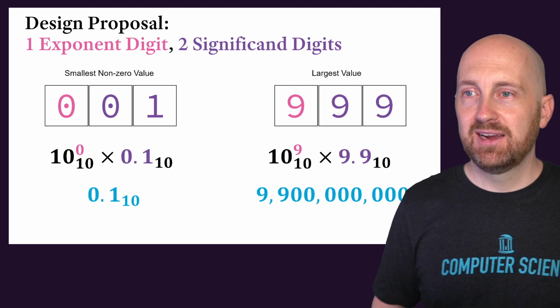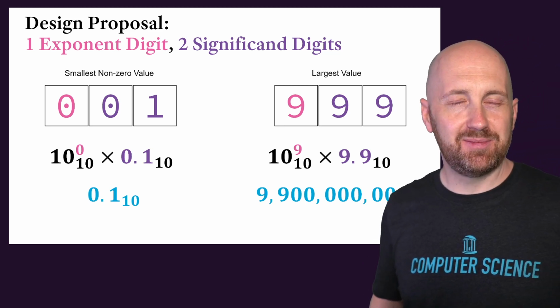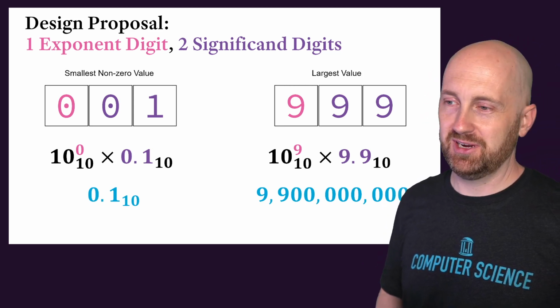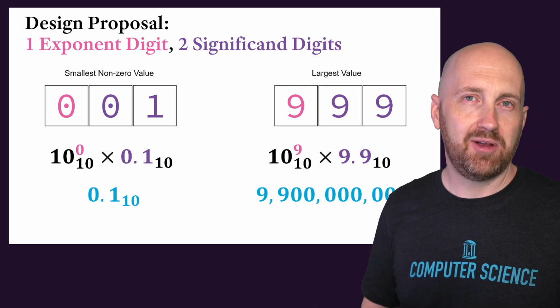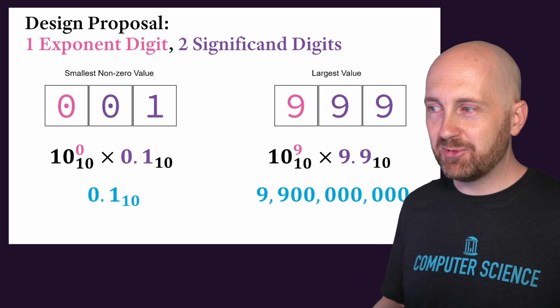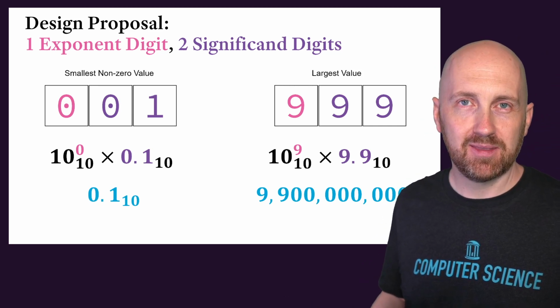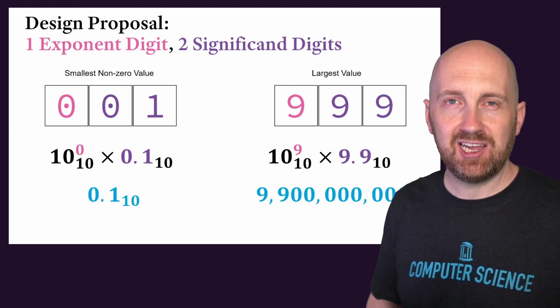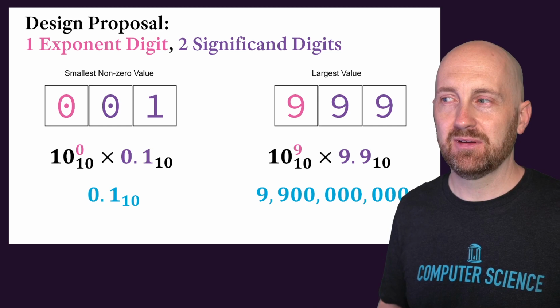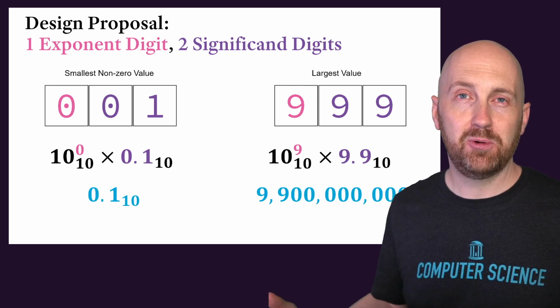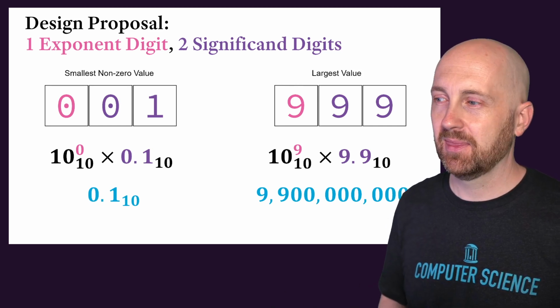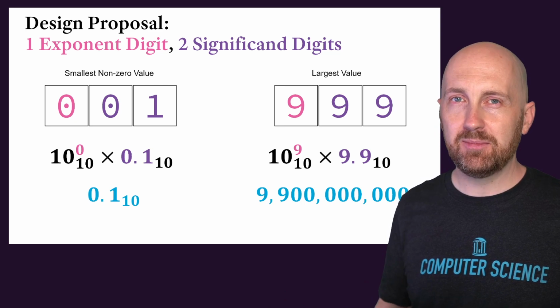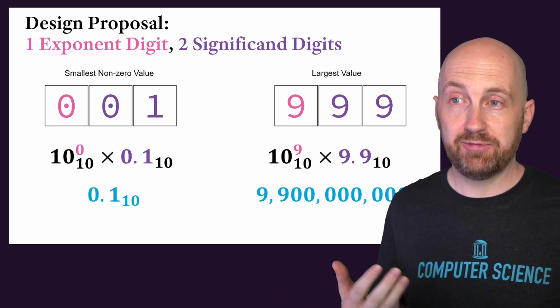And so, wow, it seems like we've really pulled off something magical here. Sure, we can't represent 1/100th, but we can represent 9 billion. But do you see the catch? The catch has to do with how many numbers we can represent in total using 3 digits. The total number of numbers has not changed, right? We have 3 digits available.